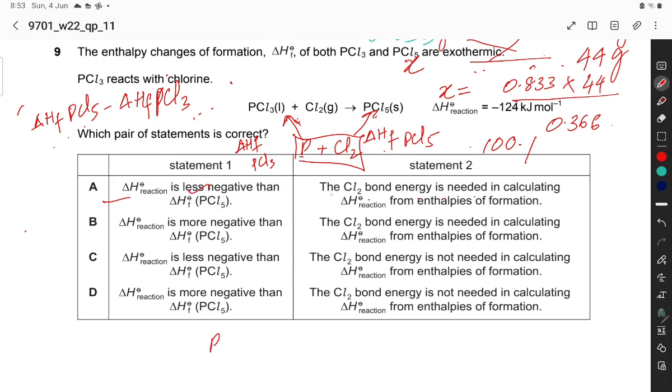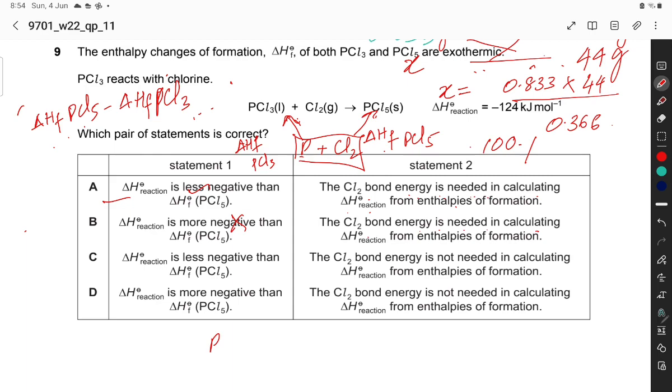This is correct. The Cl2 bond energy is needed in calculating delta H reaction from enthalpies of formation. Delta H reaction is more negative. So this is incorrect. Actually, in fact, bond energy is not needed to calculate the enthalpy change formation of PCl5.